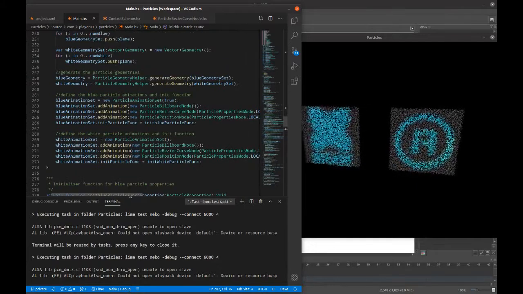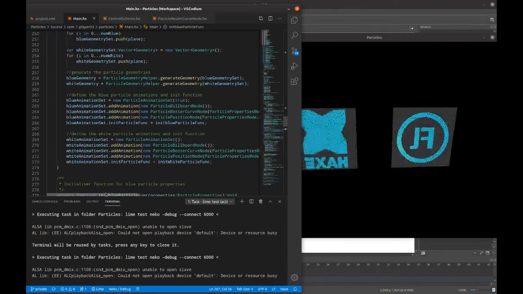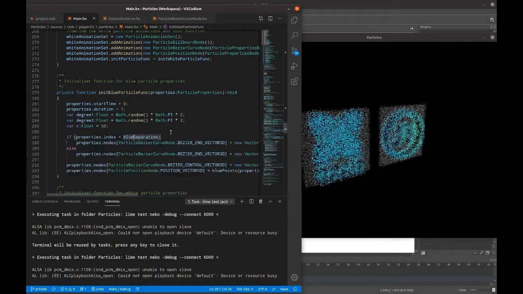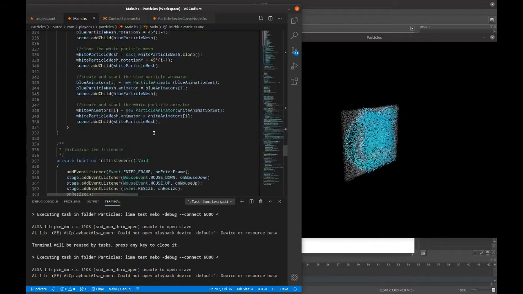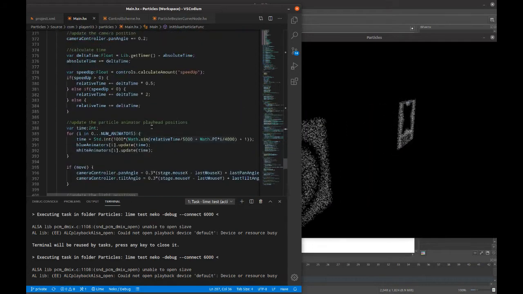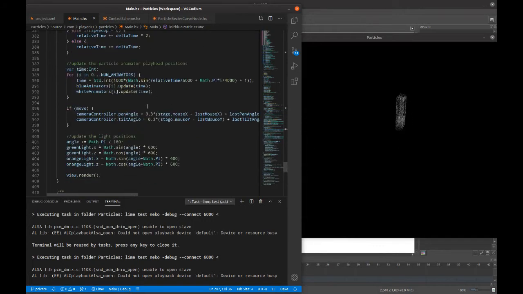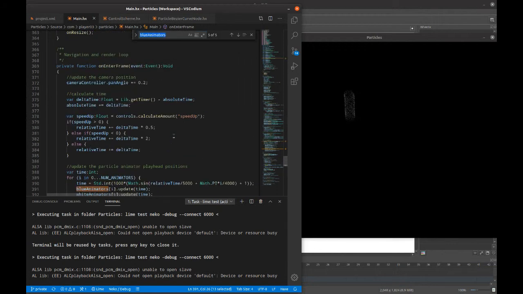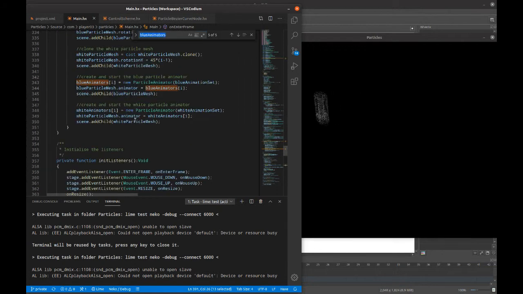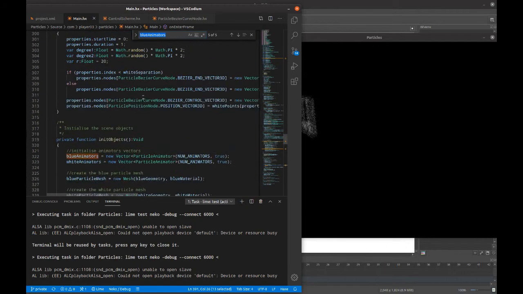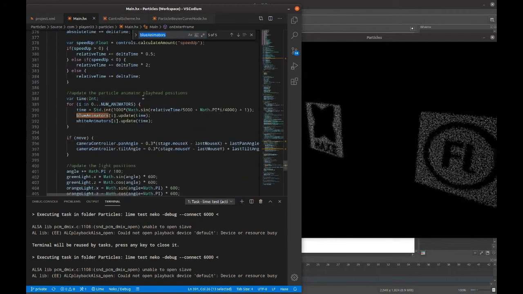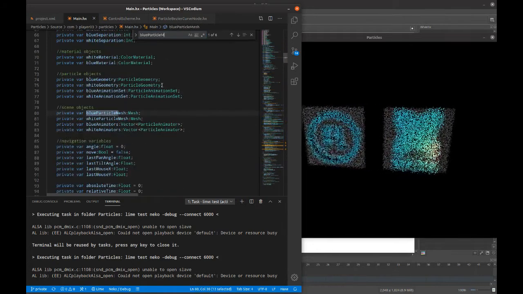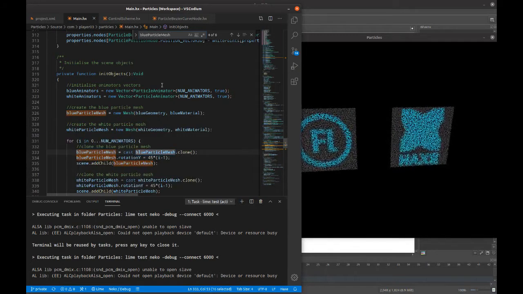So those all look the same. Is it in the timing? I'm going to go down to where the timing is done. Okay, I'm going to look at the blue particles.